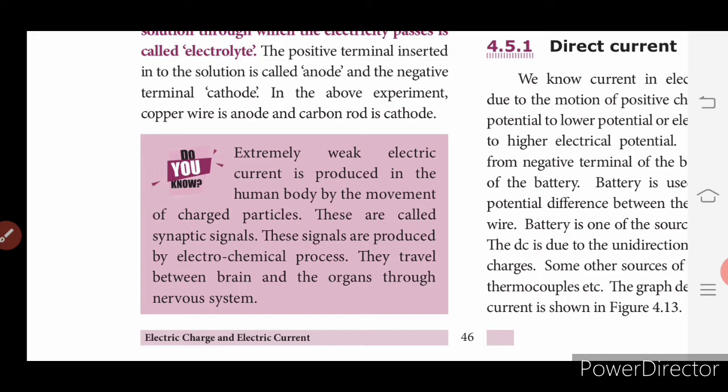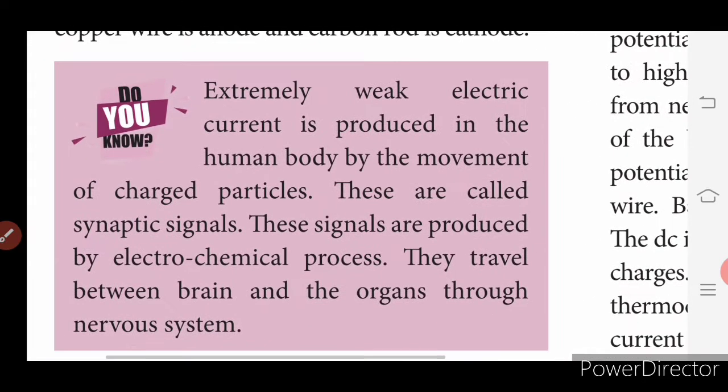Do you know? Extremely weak electric current is produced in the human body by the movement of charged particles. Even our body has charged particles. So these are called synaptic signals. The brain is a very activated organ which passes impulses to all parts of our body through the nervous system, and those signals are called synaptic signals.